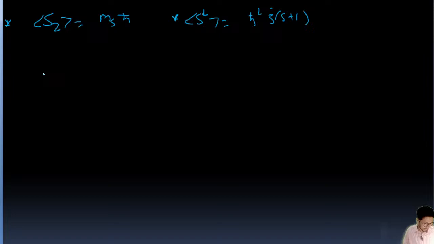Here the value of s is 1 by 2, and the values of ms are 1 by 2 and minus 1 by 2. So for s equal to half, ms is half and minus half.